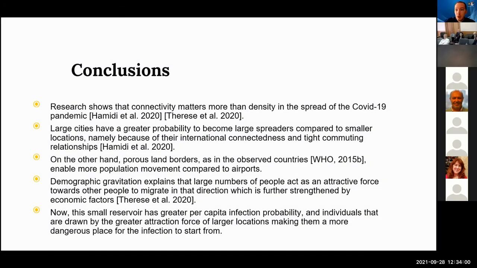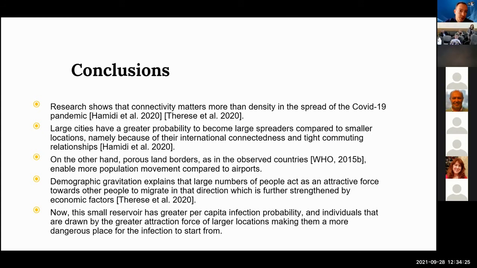And also a couple of other conclusions from other papers. Research shows that connectivity matters more than density. That's why I tested a perfectly connected country against another, not so connected country. Like Siberia, which is not well connected, and the disease will stop there.